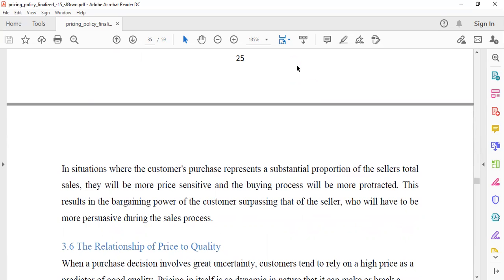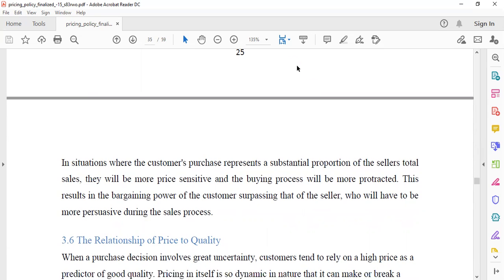In some cases, you can even see an organization being willing to make deliveries because of the quantity that has been purchased. So a large demand could also be a bargaining power for customers to be able to affect prices.